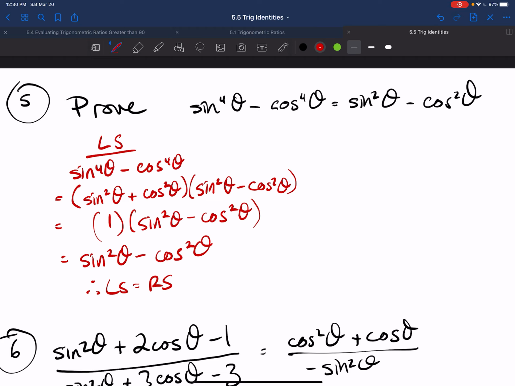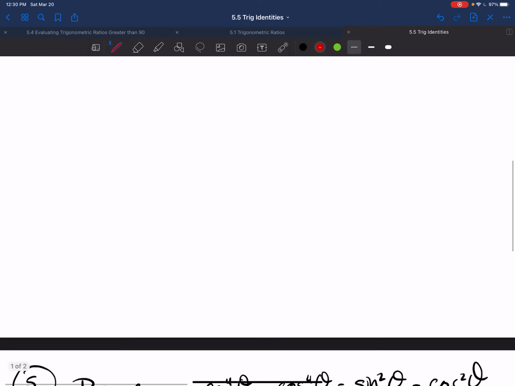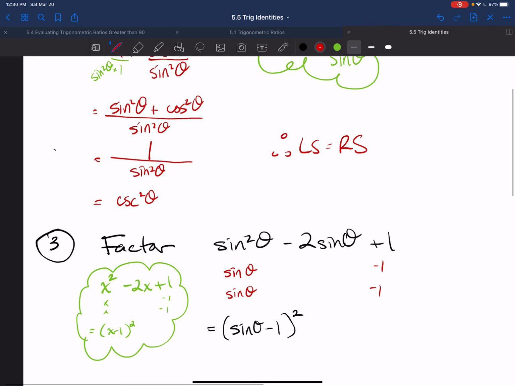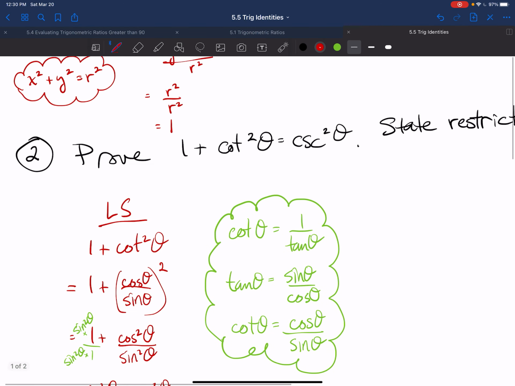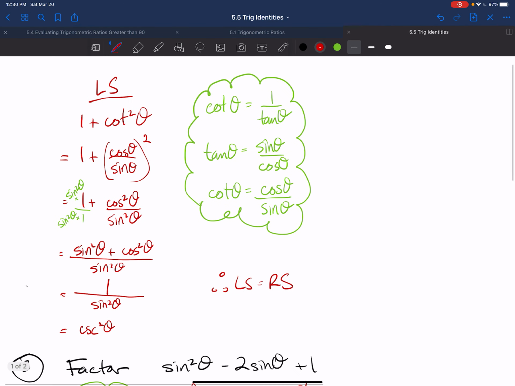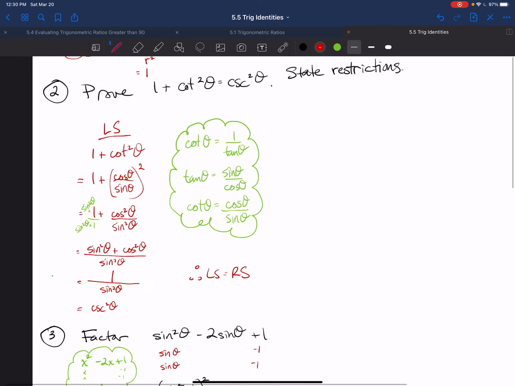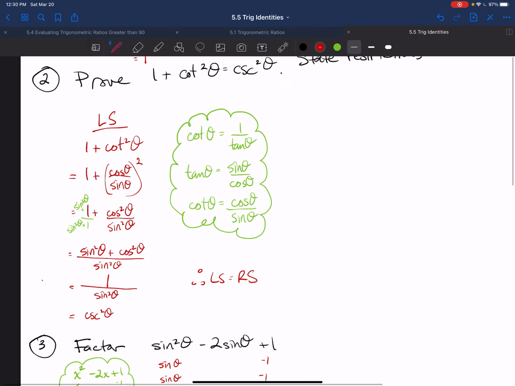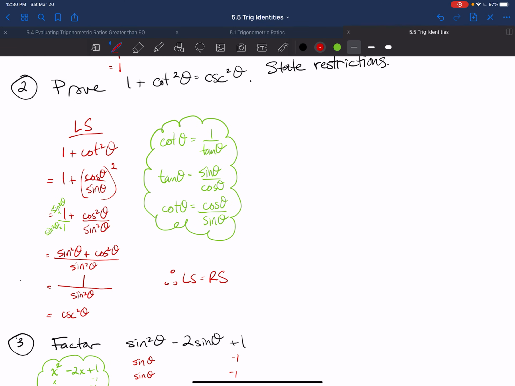And I just realized I forgot to do something in one of the other questions. So I'm going to go back to question 2, I think. Yeah, state restrictions. Okay. So question 2 was this one here, where we had 1 over sine squared theta, and then that was equal to cosecant theta. It says state the restrictions.